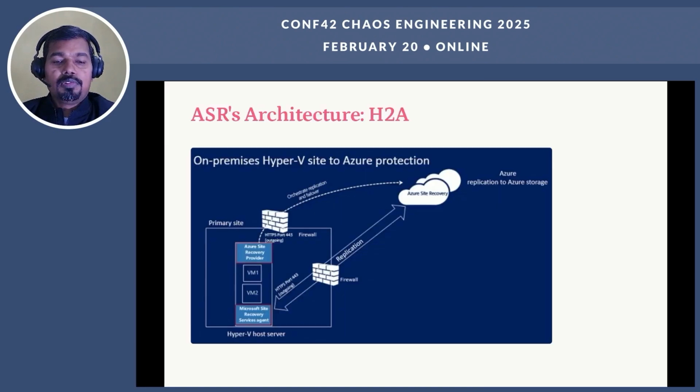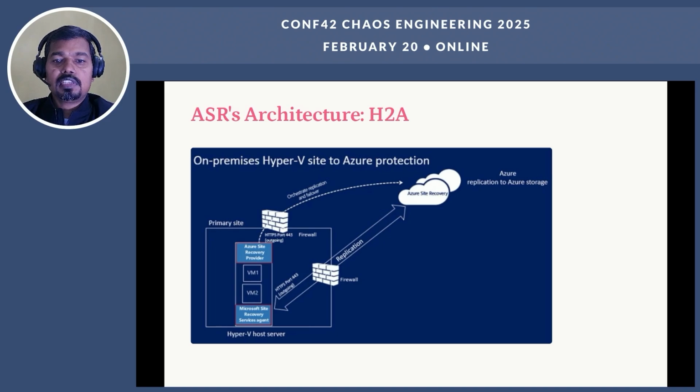Since we already covered the Azure to Azure scenario, now let's shift our focus to how Azure Site Recovery helps to protect workloads running on Hyper-V by replicating them to Azure. Many organizations still rely on on-premises infrastructure, including Hyper-V virtual machines.